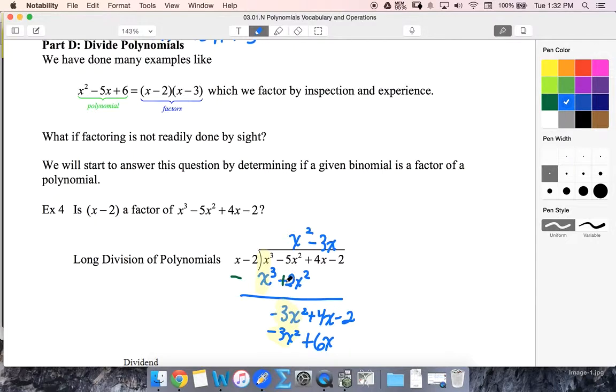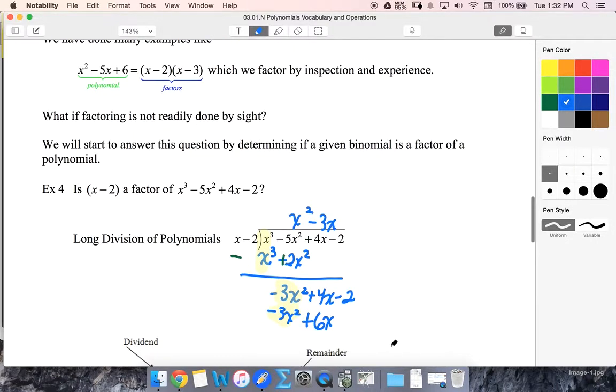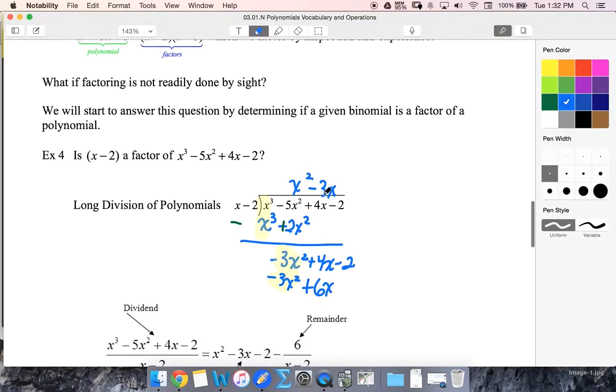Again, I'm going to draw my line. Okay, draw the line, and when I draw the line, I'm thinking of subtracting this whole thing. So I'm going to subtract, so negative times negative would make positive. If I subtract, I'm going to subtract 6x.